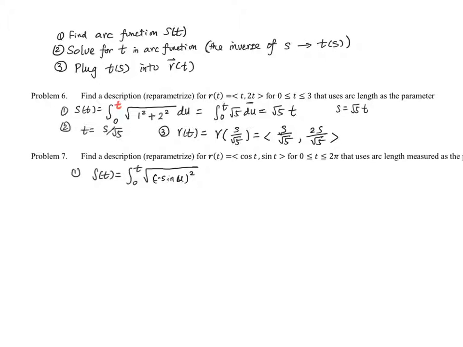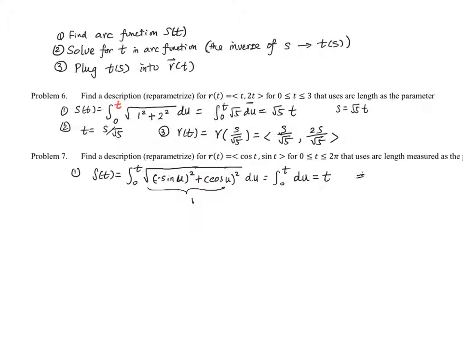Remember, we don't want to use t, we use another variable u, plus the derivative of sine is cosine u squared, du, and this is 1, so basically I just have du, which equals t.